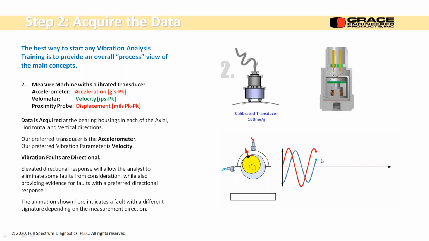If we have a misalignment or a looseness or a cocked bearing or bent shaft, we're going to get a different phase relationship. And that's one of the things we're going to talk about in the industrial Internet of Things, the wave of the future, if you will. So direction is very important. Vibration faults are directional. You got to keep that in your head.